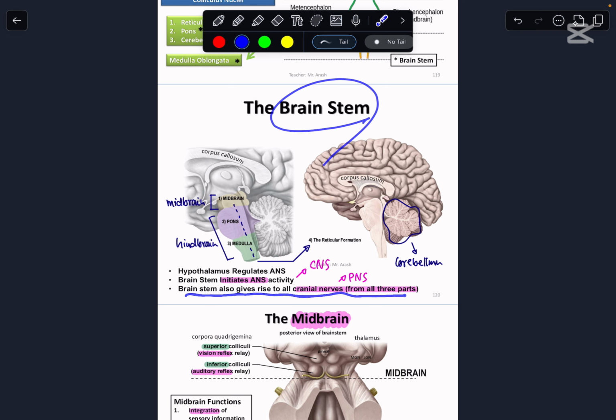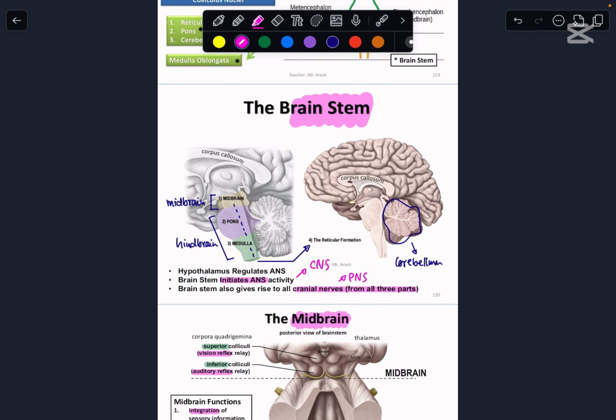So there are nerves coming from the midbrain, from the pons, and from the medulla. We call all of them cranial nerves, and they all come from the brain stem.